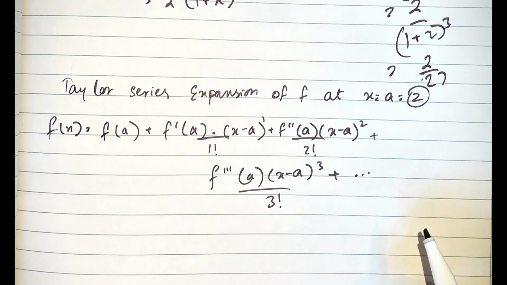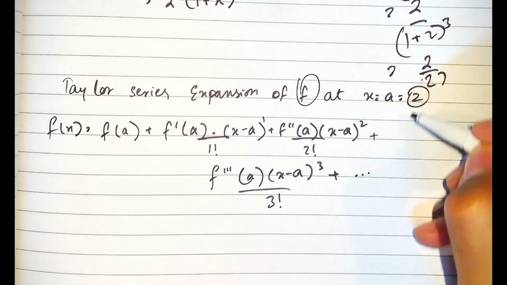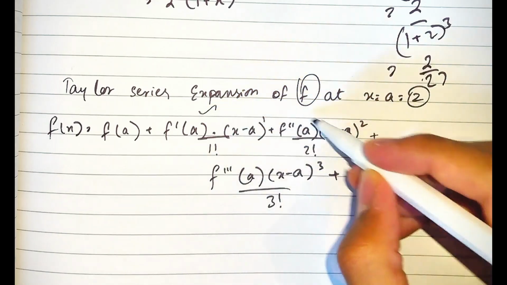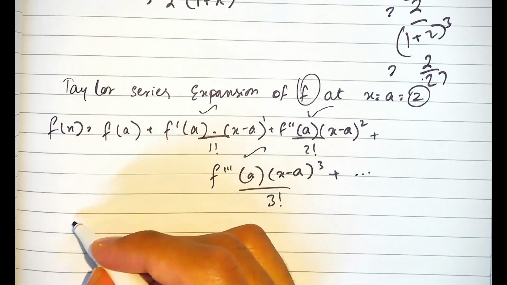Okay, so guys, the Taylor series expansion of this function at x equal to 2 would be the first term of course, then the first derivative, then the second derivative, then the third derivative. So now let's put all of these values.